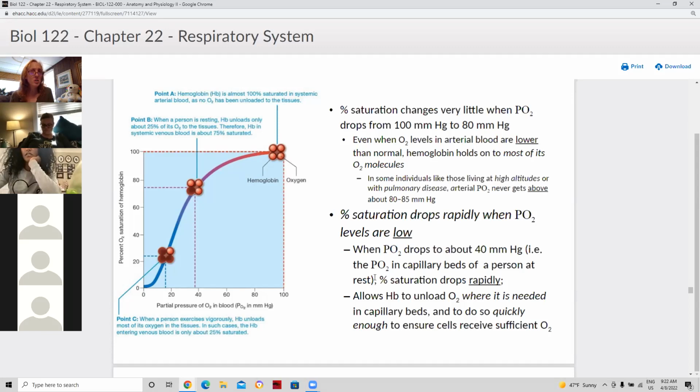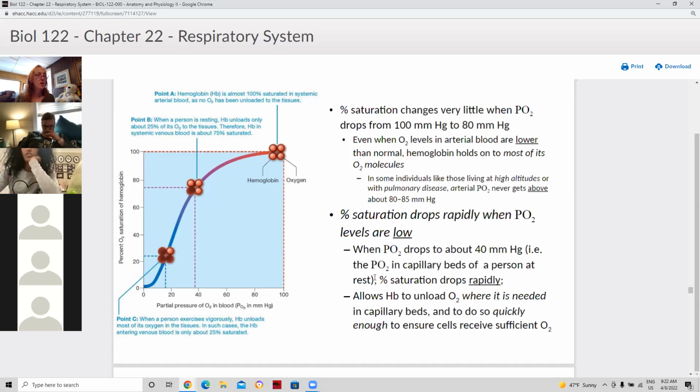Right. So people who live at those higher altitudes, where the oxygen saturation of their blood may never get above 80 or 90, have more red blood cells to allow for the fact that they're going to have reduced oxygen saturation levels.